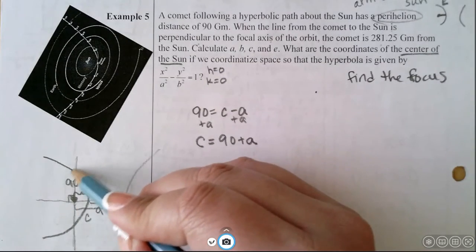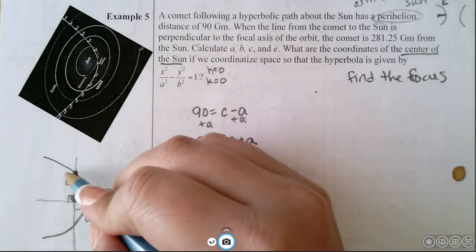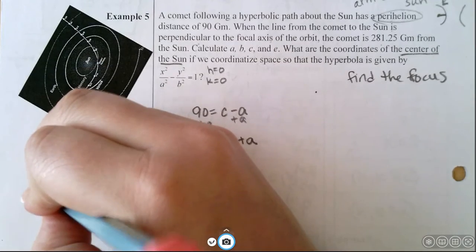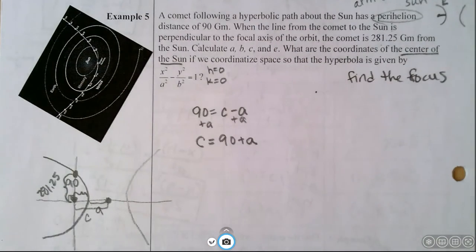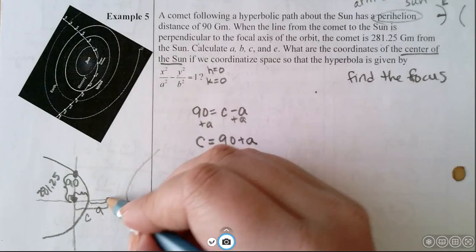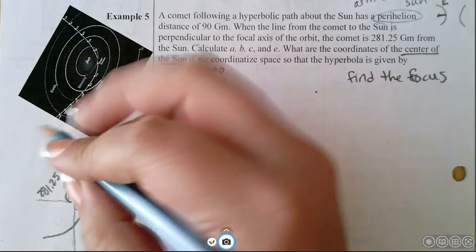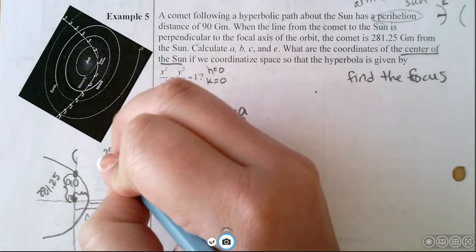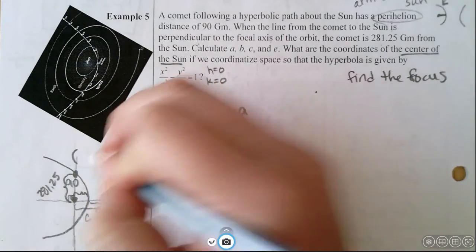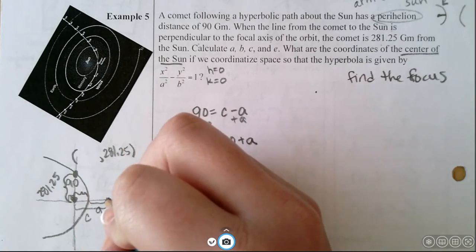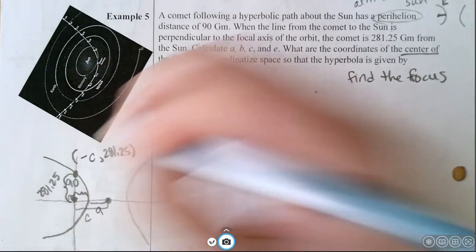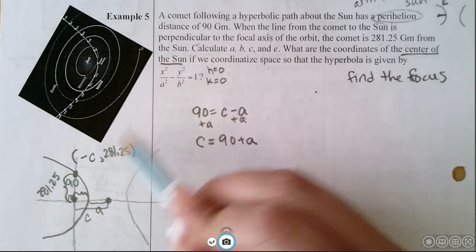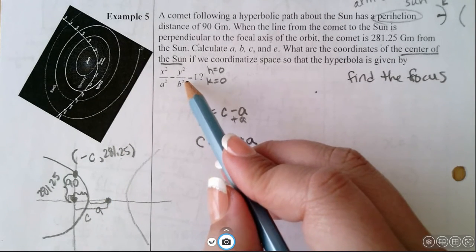So the comet is here. The distance to the sun, this distance here, is 281.25 gigameters. Since my center was 0, 0, this point has a y value of 281.25 and an x value of not c, but we went to the left, so negative c. Which means that if I substitute x and y into my equation, I'll be at least a step closer.